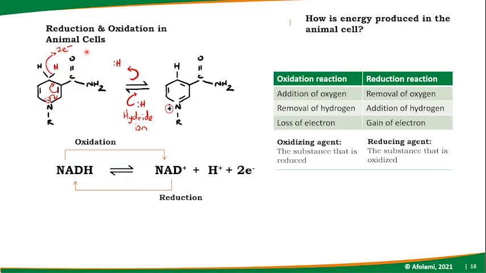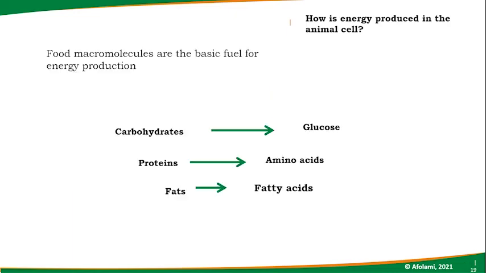And these 2 electrons is precisely what is accounted for here. Meanwhile, the hydrogen is lost in the form of a proton, and we'll be seeing the fate of this proton when we're considering the electron transport chain.